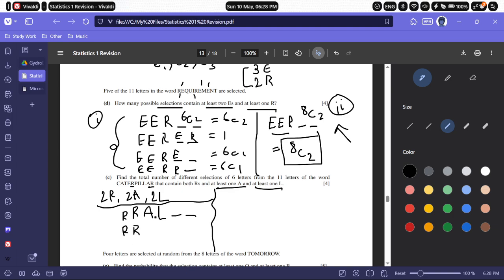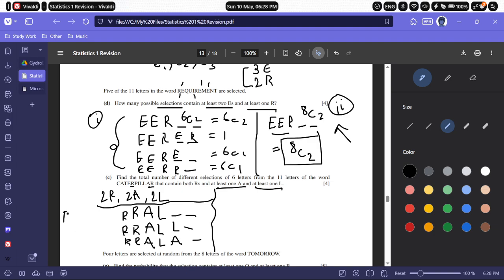Okay, so you have RRAL and two blanks. This would be your second method where you choose another L. There is not enough space, so I'll write the next one over here.